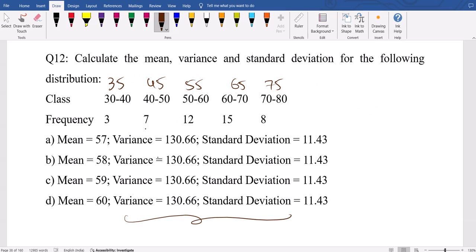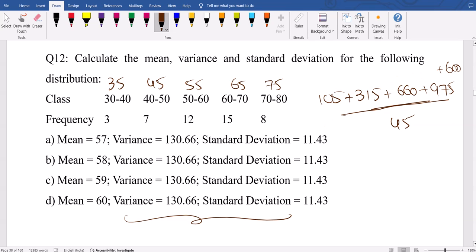So which is 10, 20, 30, 45 denominator. Numerator, 35 into 3, 105. This is 280 and 35, 315. Here 660, 975, 600.